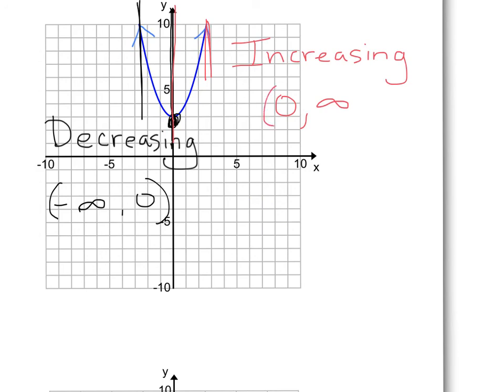Again, never include the endpoints, so intervals are always in parentheses. This graph, a quadratic equation, a parabola, has no constant interval. So we're not ignoring it, there just isn't one on this.